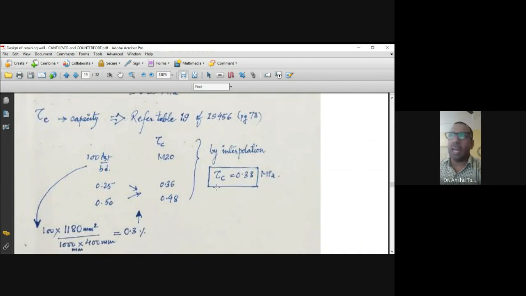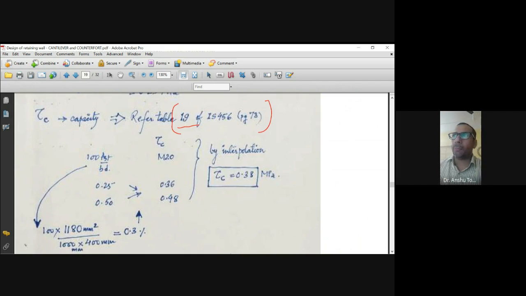Now tau c we are going to find out from Indian Standard 456, table number 19, page number 73. How these values are given onto this page, I have written all the values here same from whatever I have taken from the code.